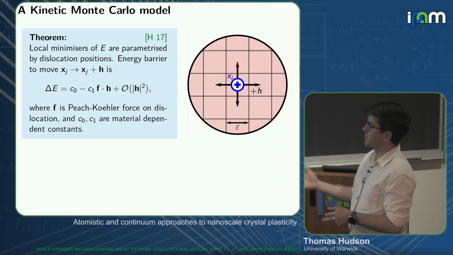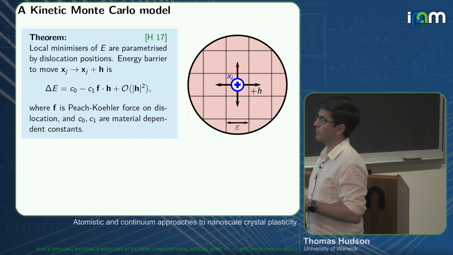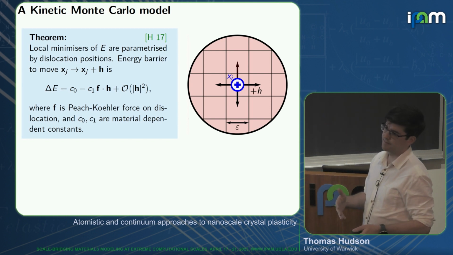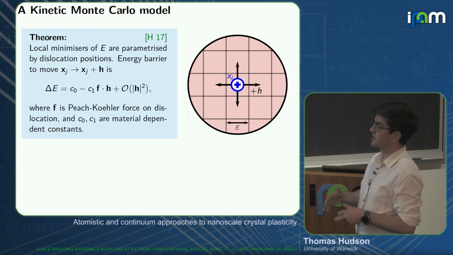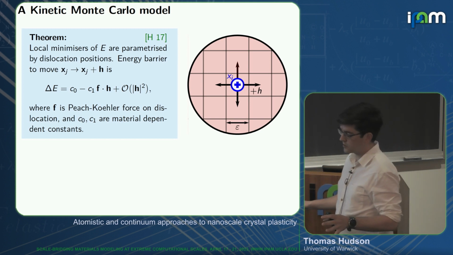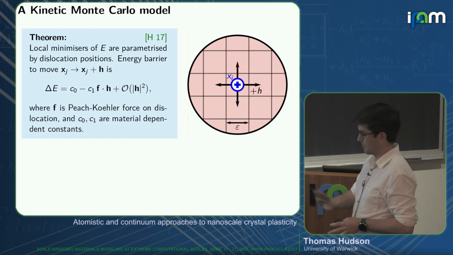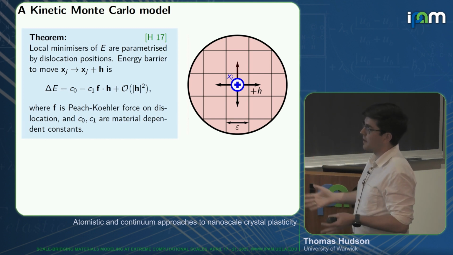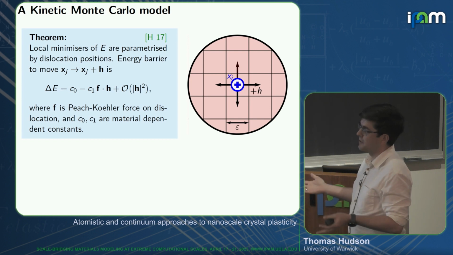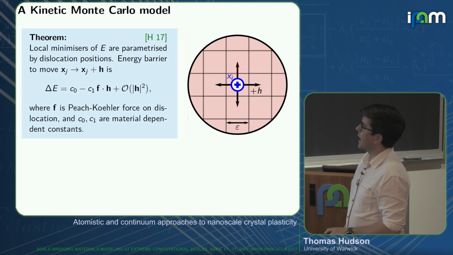And the Peach-Koehler force, if you don't know what that is, is basically a continuum theory prediction of the force that acts on a dislocation. So it's really something that is completely continuum theory based, right? The original derivation of this is really about work done by moving dislocations. They were thinking in a linear elastic medium, but actually, it works in any medium.